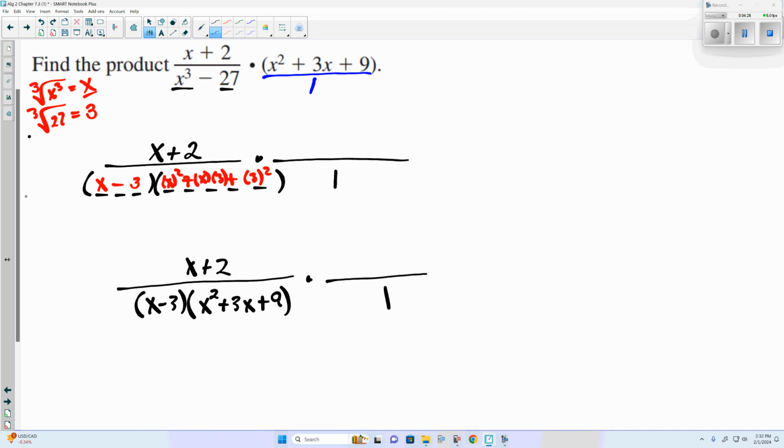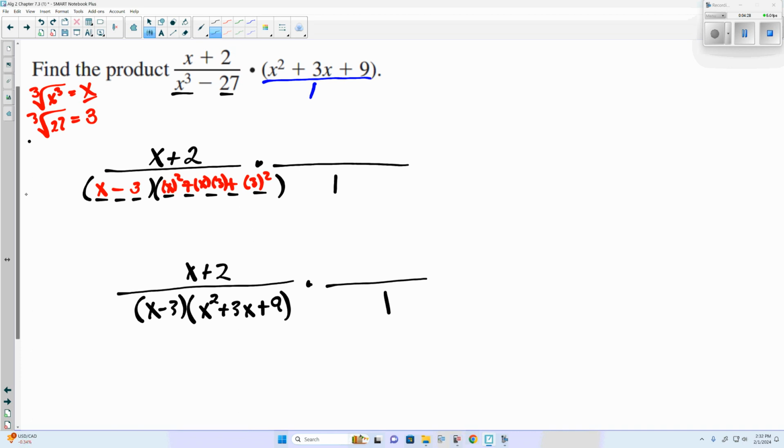Okay. Questions on what we've done so far? Any questions on any of this here? Well, the x squared plus 3x plus 9 does seem familiar, yes?